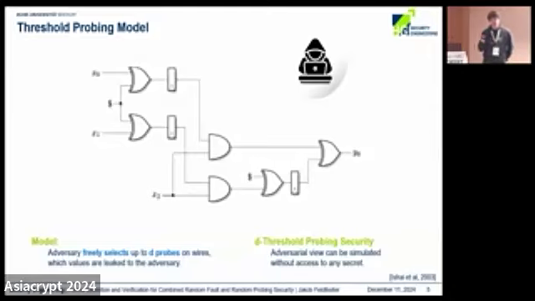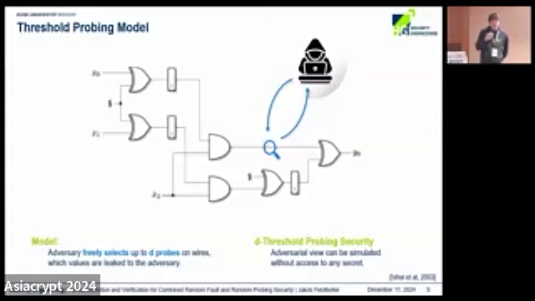So here we assume an adversary who has access to the structure of the circuit, so knows the gates and the wiring, and then is able to select a certain subset of wires, so in this case D of those wires, of which then the carried values will be given to the adversary. And then we say that a circuit is D-probing secure if the adversary's view can be simulated without access to any secret. So this means that the observation is statistically independent of the secret.